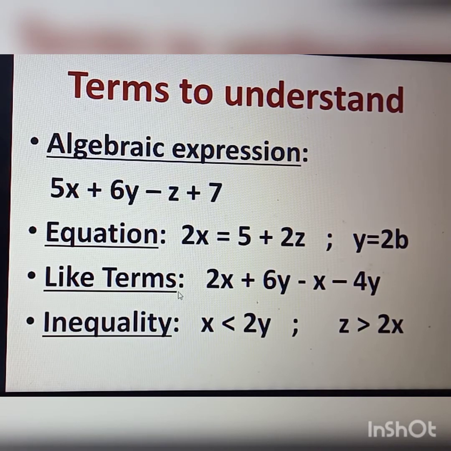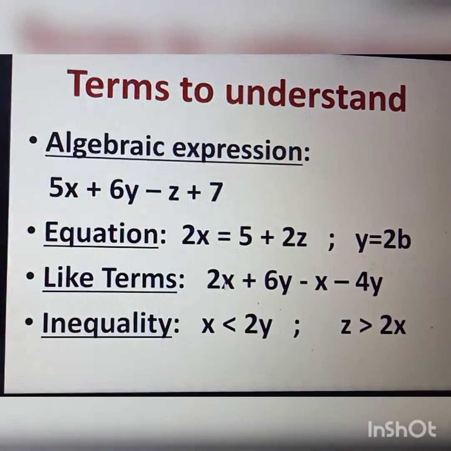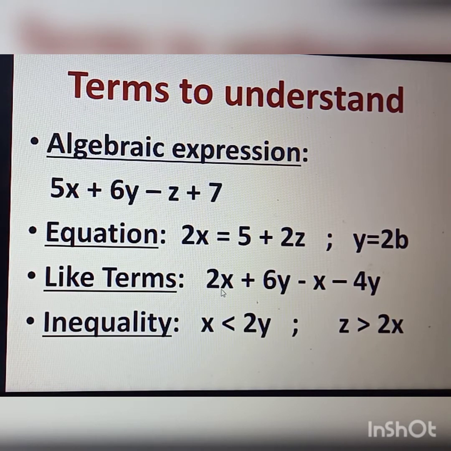Because while doing algebra we have to group like terms together. If there is a question for simplifying an algebraic expression, you will be looking for like terms. You can combine 2x with minus x, and 6y and minus 4y could be simplified together. So that is done.